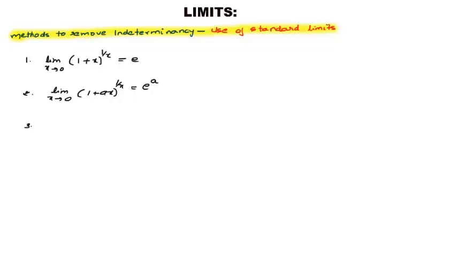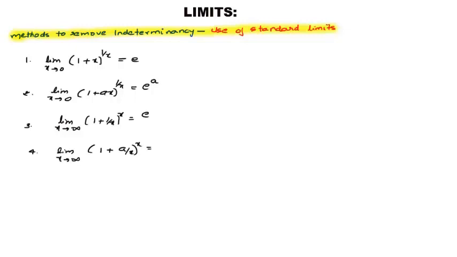limit x tending to infinity, (1 plus 1 by x) raised to power x. If you look at it carefully, it is nothing but similar to the first one, so its value is also equal to e. Next, limit x tending to infinity, (1 plus a by x) whole raised to power x.